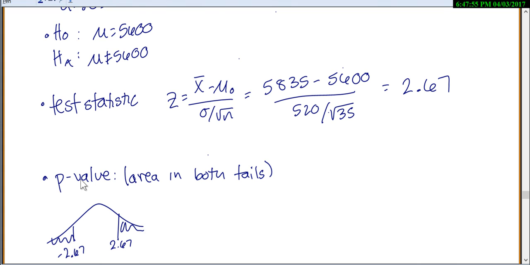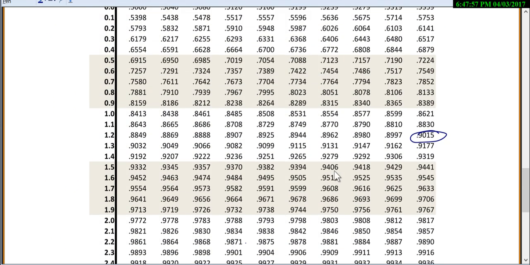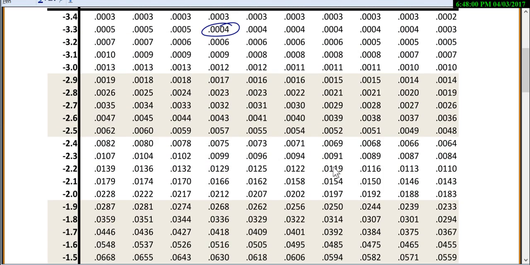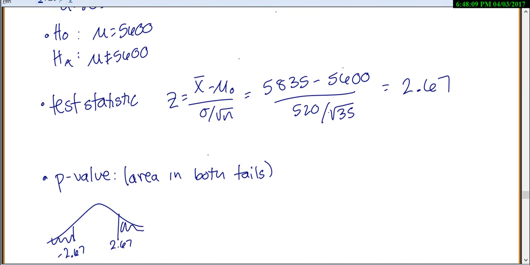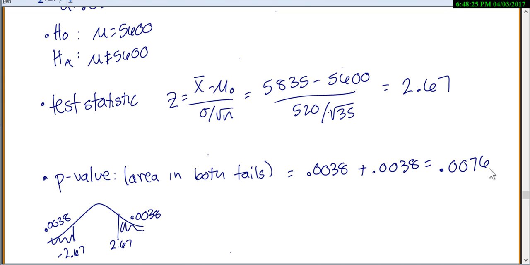So let's go find the area to the left of negative 2.67 on my normal table. Negative 2.67, looks like we're at 0.0038. So if this is 0.0038, then this is also 0.0038. So my p-value is going to be 0.0038 plus 0.0038, which equals 0.0076. So that's my p-value.